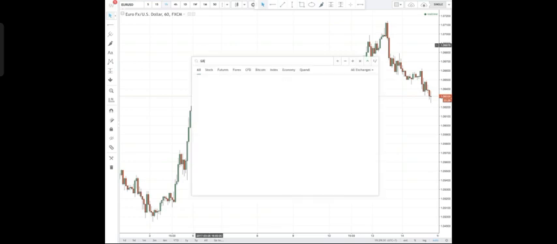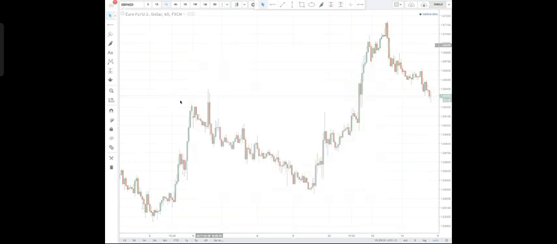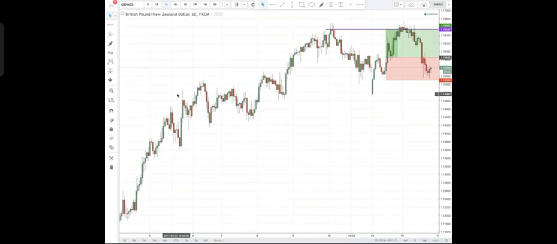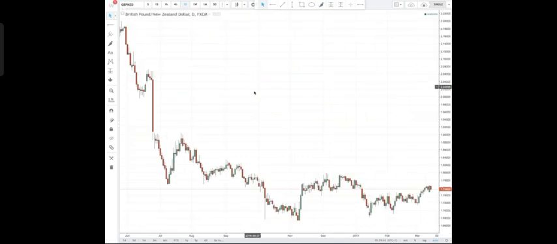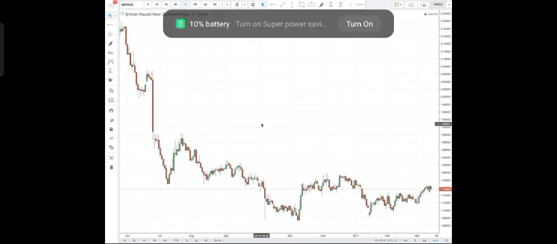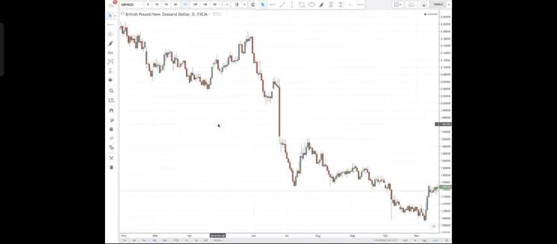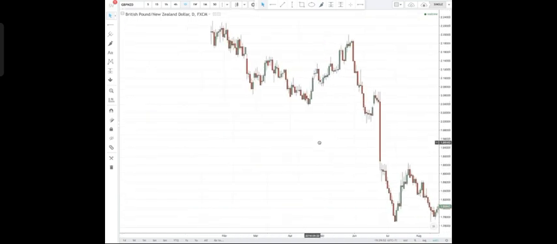Let's take a look at Pound New Zealand, for example. Let me just close, delete everything. Let me go into, let's say, the daily, just for the sake of an example. Now we're coming here on the daily, and we're looking at this. Let me find a perfect example.